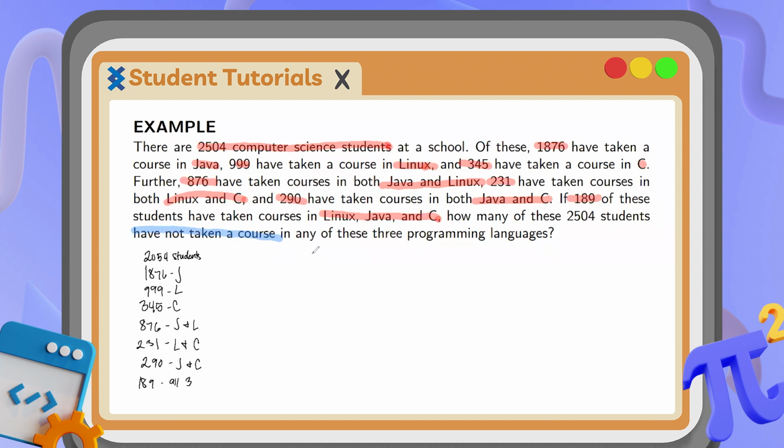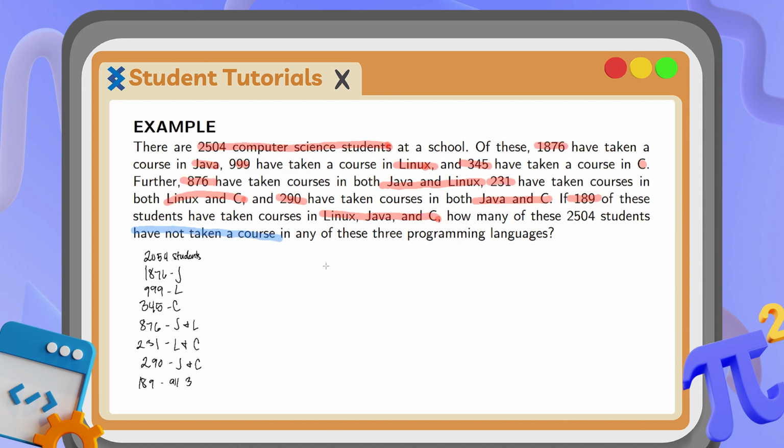After reading the problem, I have simplified the given items needed to solve for the main question: how many of these 2,504 students have not taken a course in any of the three programming languages? From there, we will start by creating our Venn diagram.